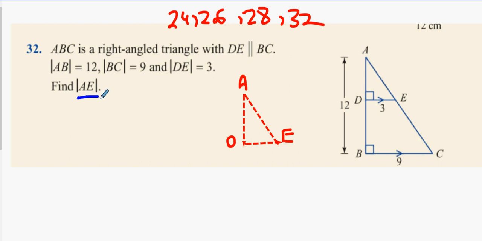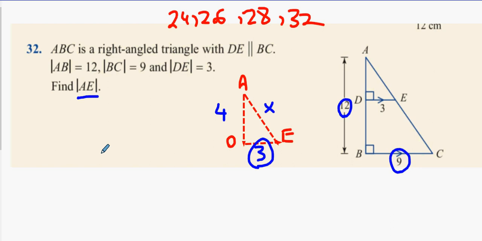It's find. That means ABC is 3 times bigger than ADE. Divide 12 by 3. What do you get? 4.